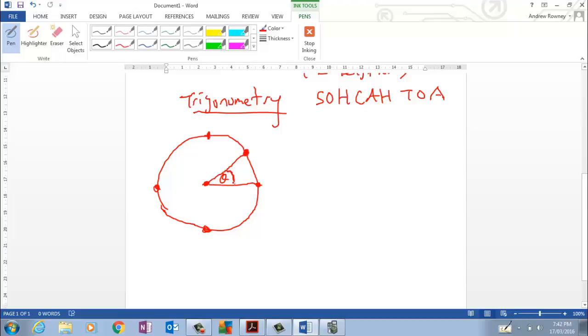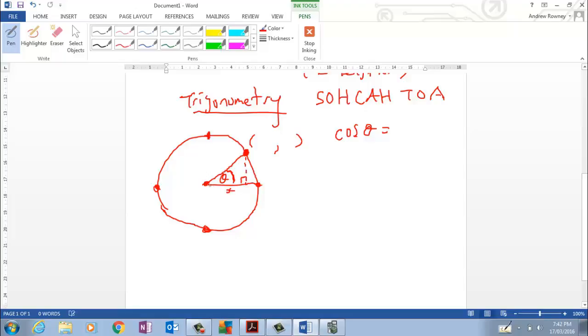Now the way we can actually get those coordinates is by looking at sine and cos. First of all, let's write down cos. Cos theta equals adjacent over hypotenuse. Now to get the adjacent and hypotenuse we need a triangle, and the triangle will come from this triangle here. This is a right angle. Now you can see the x coordinate is actually the distance from here to here.